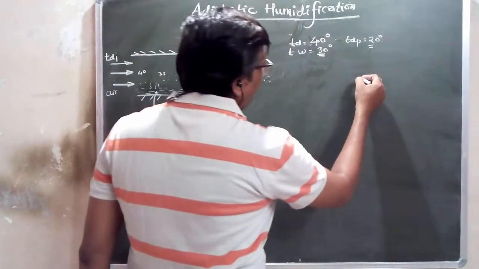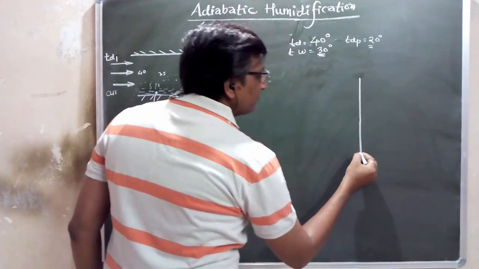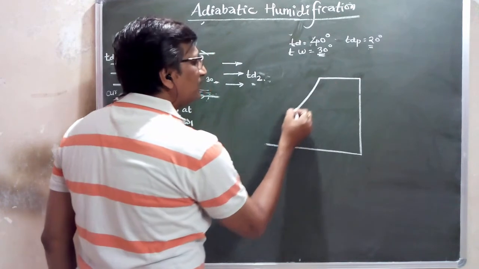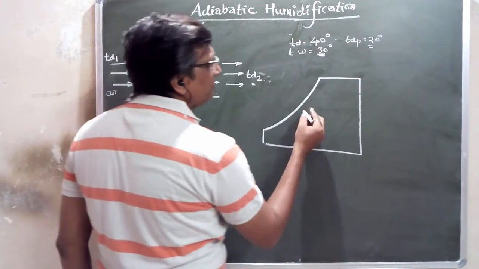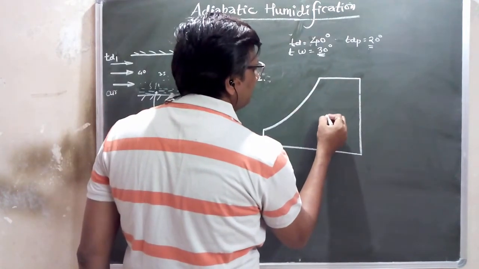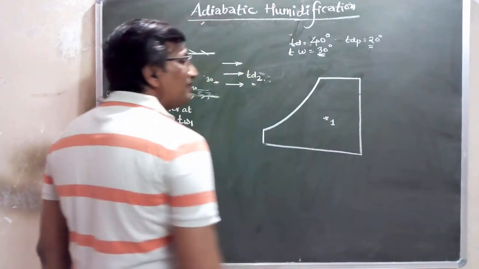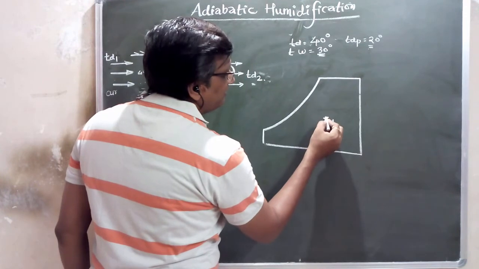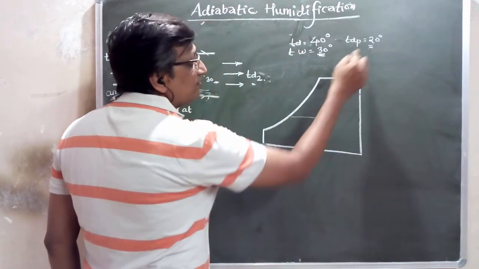So if I draw the process on the psychrometric chart, let us say this is point number 1, with dry bulb temperature TD1 and dew point.